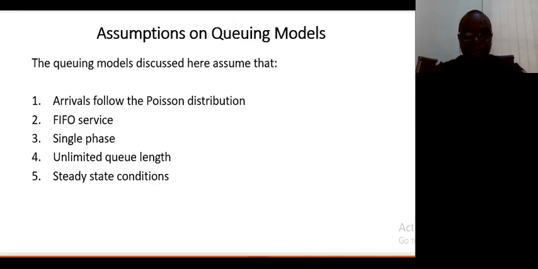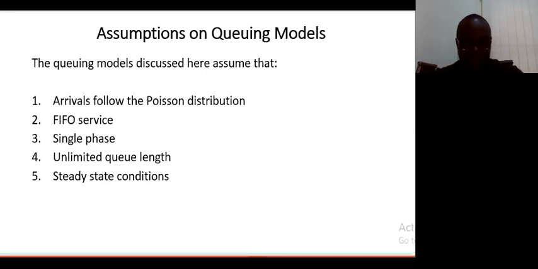Now, there are assumptions that we make in the queuing models. For the queuing model that we discuss in this class, we have the following assumptions. One, we assume that arrivals follow the Poisson distribution, like we said earlier, and the entities will get served on a first in, first out basis.